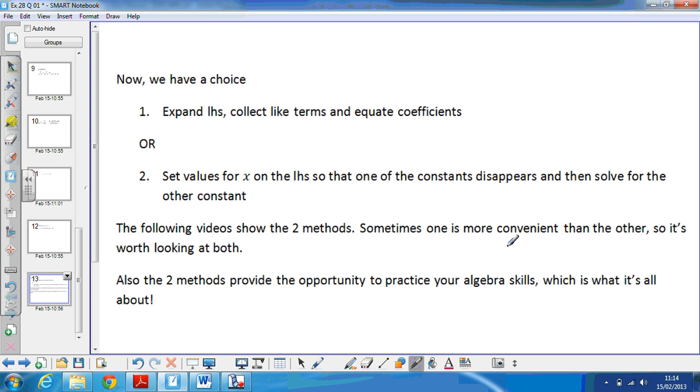Sometimes one is more convenient than the other, so it's worth looking at both. And remember, of course, that these two methods provide the opportunity to practice your algebra skills, which is what basically it's all about anyway, isn't it? So see if you can carry on and complete this question, maybe looking at these two methods. And if you need help, there's two videos that will follow this that will help you.